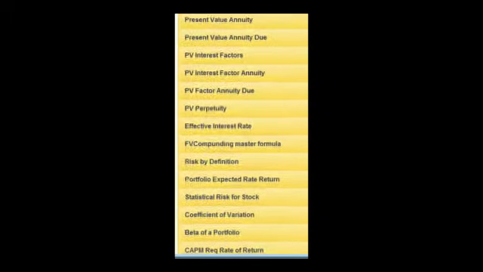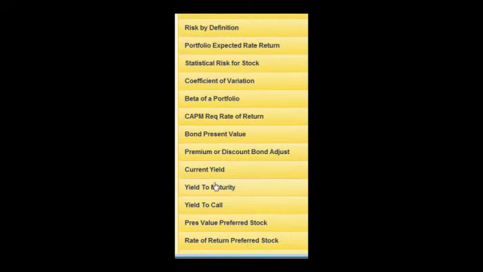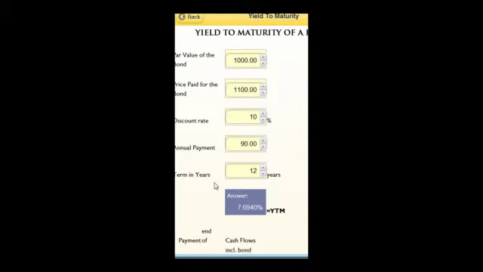Let's take a look at, let's say, one of my favorites. Let's say yield to maturity. We know that can be a little complicated to calculate. But right here, even using the spreadsheet formulas, they just do not say in a clear manner what those yield to maturity factors really mean when you place them into the cell in that formula.